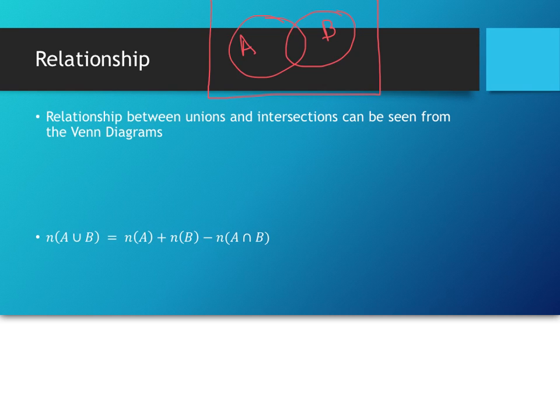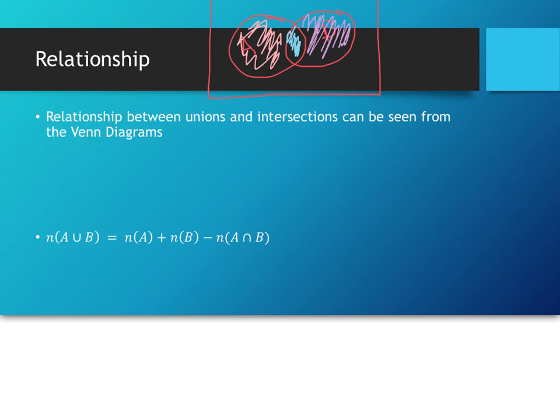So let's take the union. The union is all of this section, all of the A. It also includes the intersection. So let me put that in a different color. Put in light blue, intersection. And it also includes the B, the B and not A.